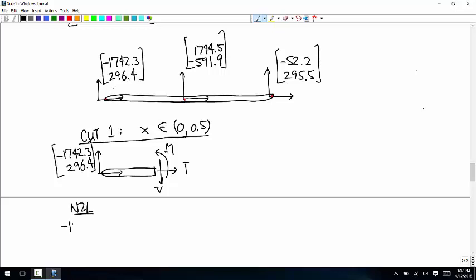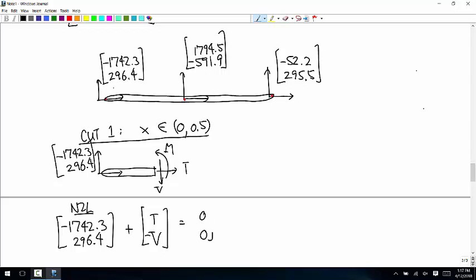Newton's second law says negative 1742.3, 296.4, plus T, negative V, is equal to zeros. So T is equal to positive 1742.3, and V is equal to positive 296.4.